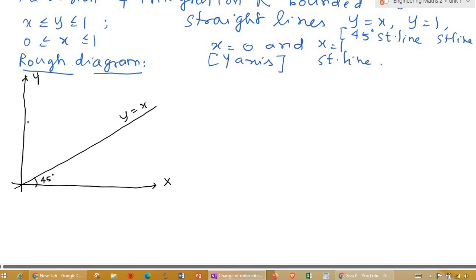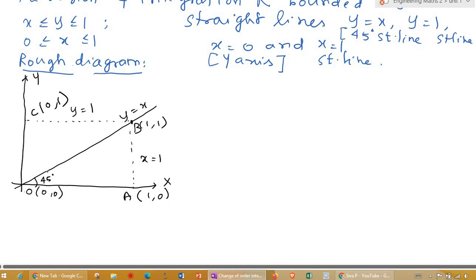We can take the intercept here, x equal to 1. For example, approximately I am drawing here. So this is x equal to 1, this is y equal to 1. Therefore this point is 1 comma 1. Let us say O is 0 comma 0, and the point A is 1 comma 0, and then we can write B and C. C is 0 comma 1.